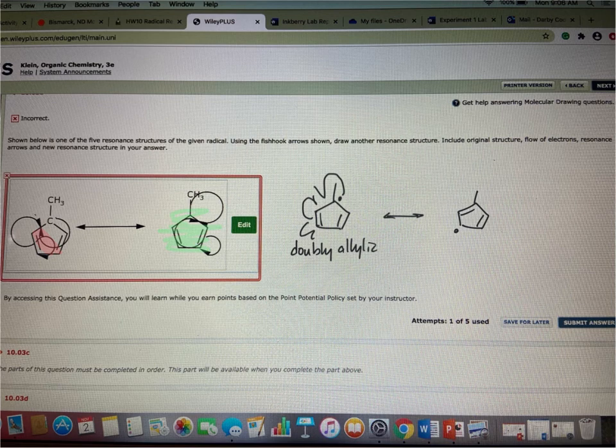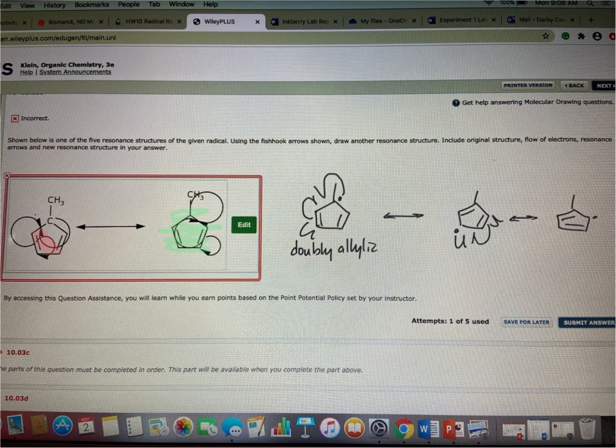I'm not sure how many other structures it wants to show, but if you were to continue on, that would be another resonance form there. And then you could keep going and draw a couple more from that.